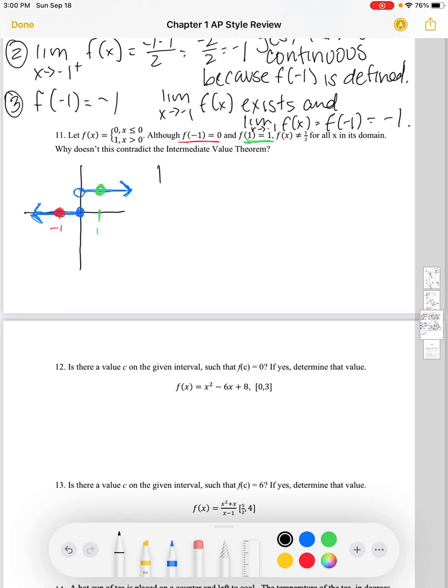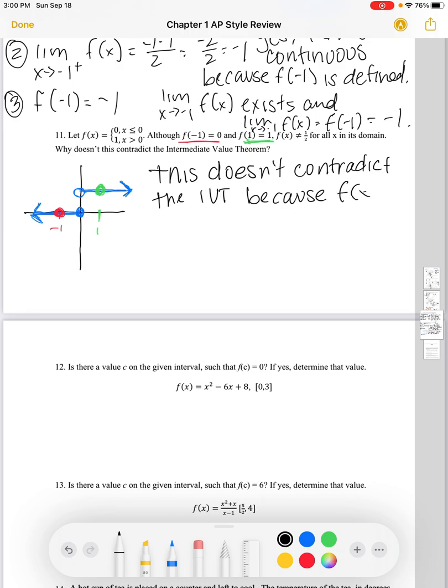So let's write something here. This does not contradict the IVT because f of x is not continuous. And since the function is not continuous, we can't guarantee any of the y values, so we don't ever know that it's going to equal 1/2.